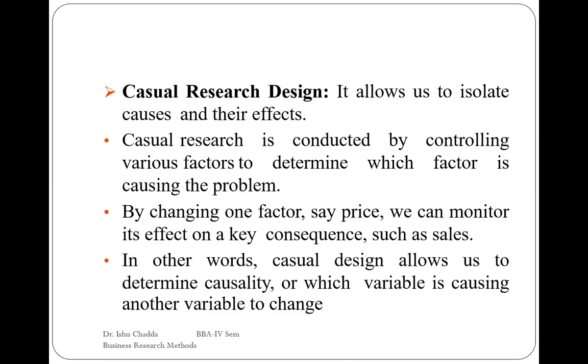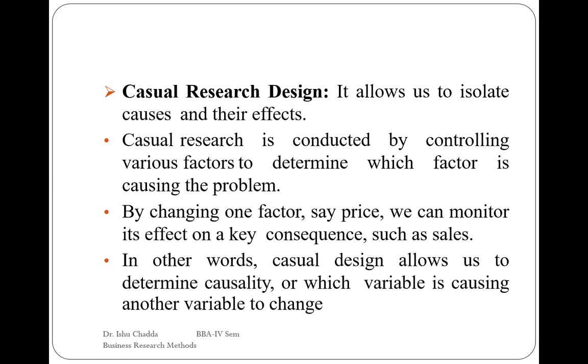The next is causal research design. It allows us to isolate causes and their effects. Causal research is conducted by controlling various factors to determine which factor is causing the problem. You want to check which factor causes the problem to another variable. So by changing one factor, say price, we can monitor its effect on sales.